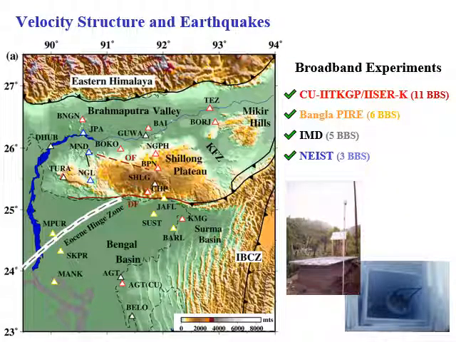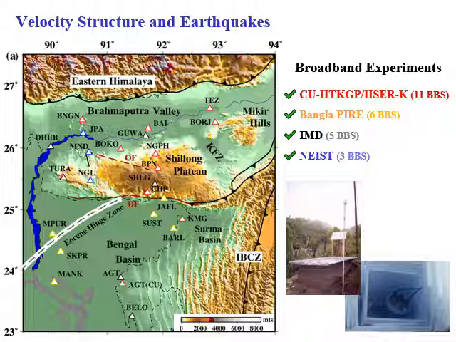To study the velocity structure and earthquakes across this region, we are going to use broadband seismological data from a number of experiments which are listed on this plot here, and the stations which were deployed through these experiments are color-coded and plotted on the map. The first one is the Cambridge University, IIT Kharagpur and IISER Kolkata broadband stations. There are 11 of them across this region.